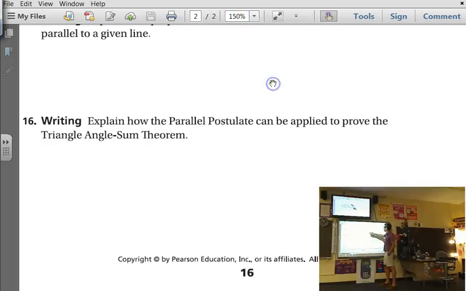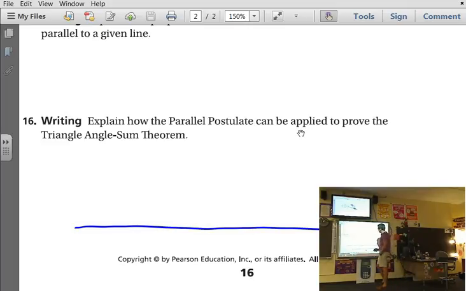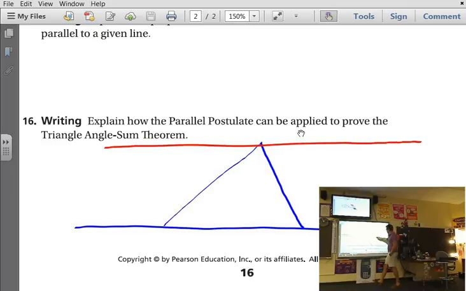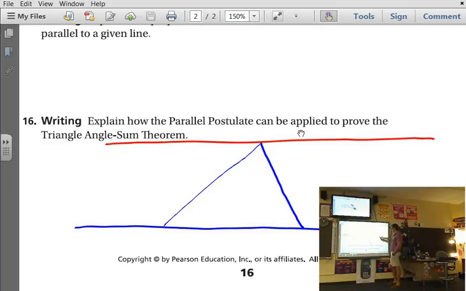Too zoomed. So if I have a triangle ABC, cool with that?